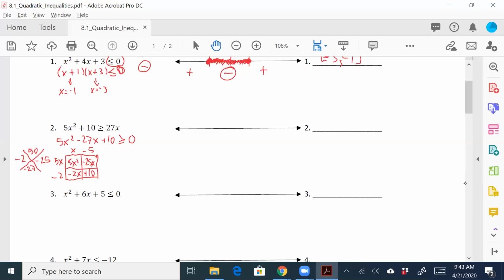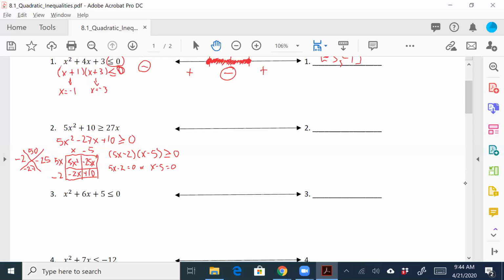So our factors then are 5x minus 2 times x minus 5, and these are greater than or equal to 0. Here's an example where it's nice to actually set each of them equal to 0. So say 5x minus 2 equals 0, or x minus 5 equals 0.